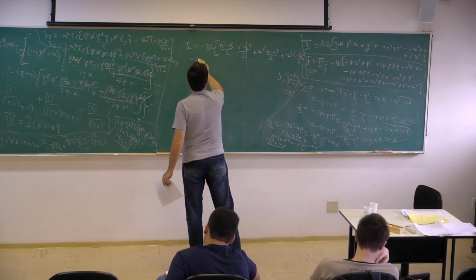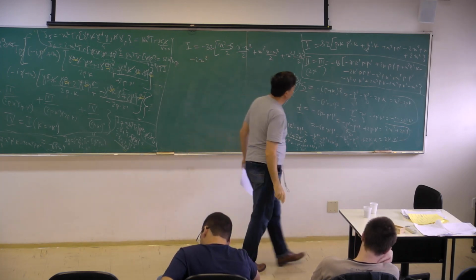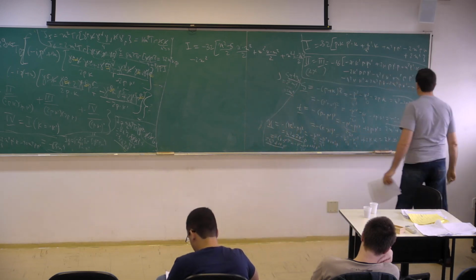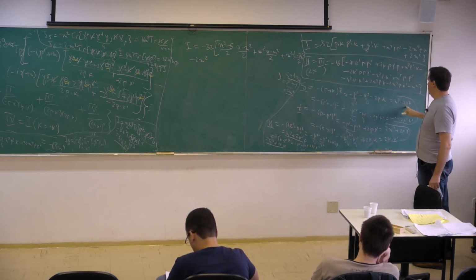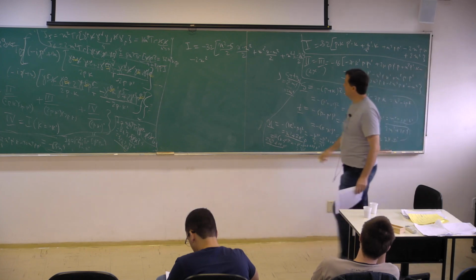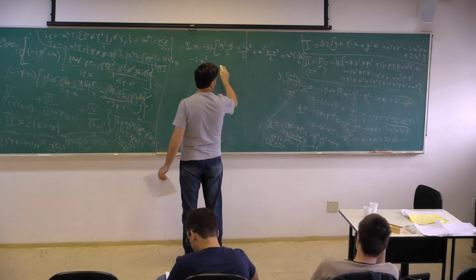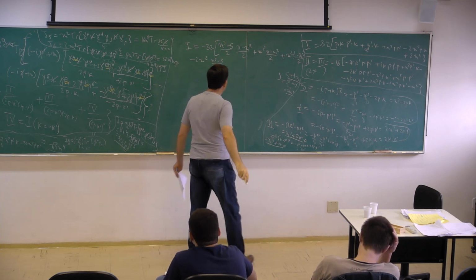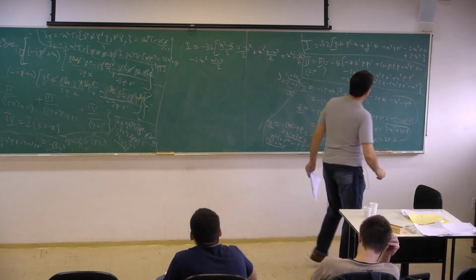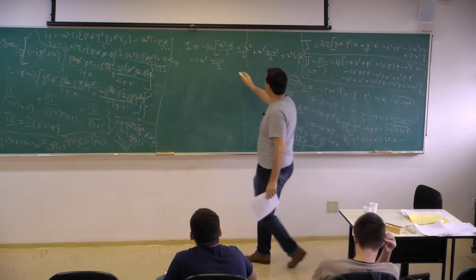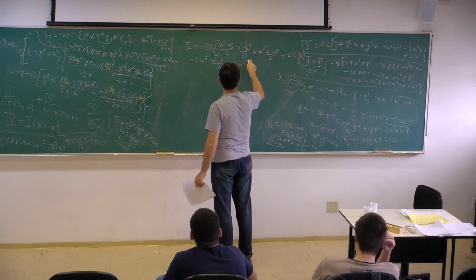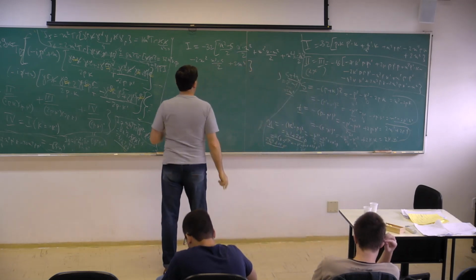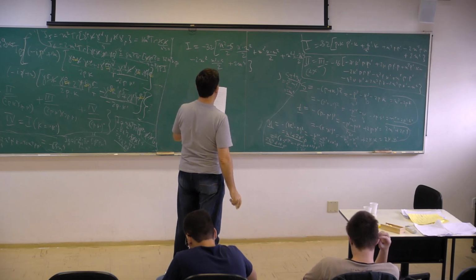Then minus 2m squared p·k, which is (m squared minus s) over 2. And then plus 2m⁴. Let me check. M squared. Yeah.